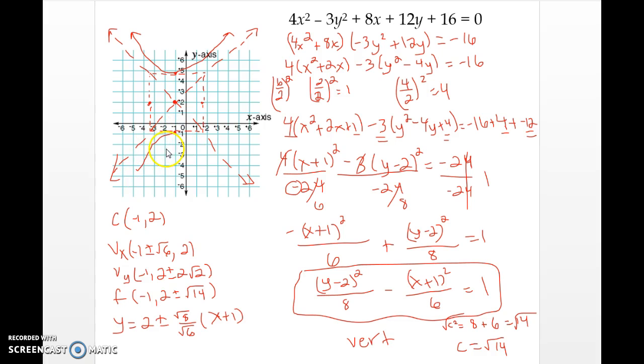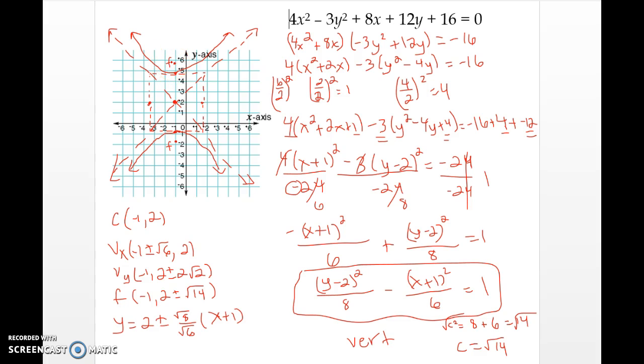Oops. You want to get pretty close to the asymptotes, but not so close that they touch. Just get kind of close. And your foci, root 14, that's almost 4. So we can go down 1, 2, 3, almost 4, and that's your foci, and up almost 4 here.